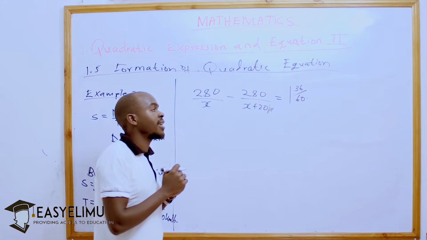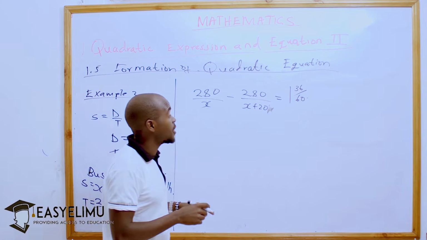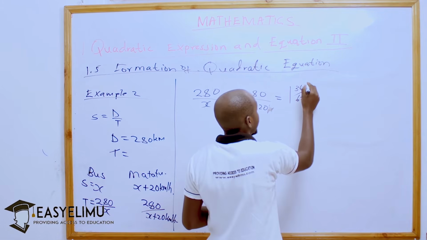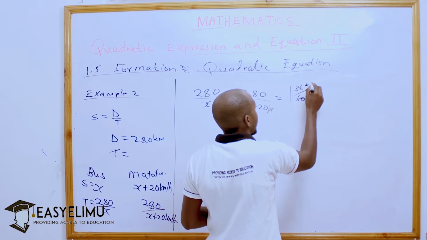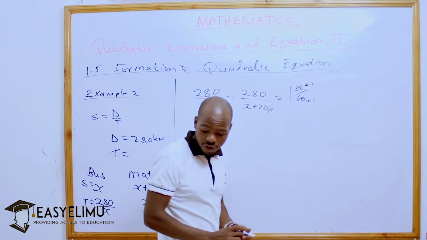So that is 1 hour 36 over 60. And if we simplify here, we are going to get 6 over 10, and then if we do the other way, actually it's 3 over 5.